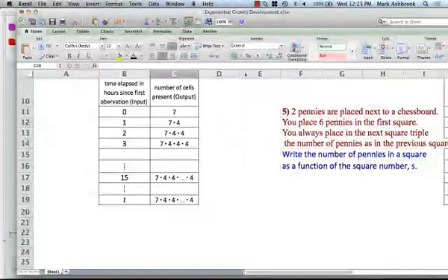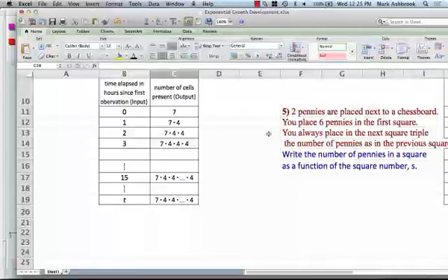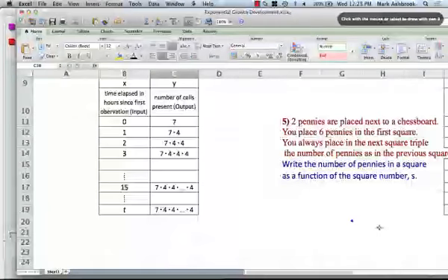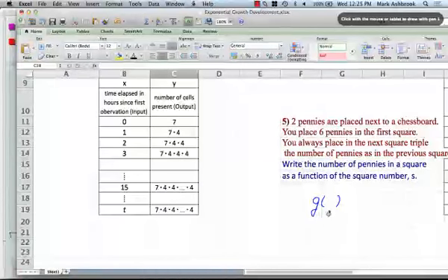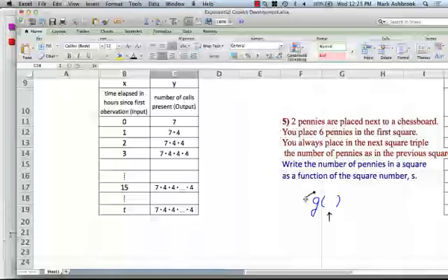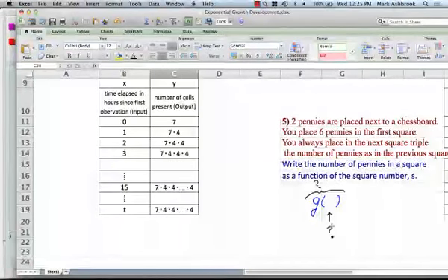Okay, so what about this one? Number 5. 2 pennies are placed next to a chessboard. You place 6 pennies in the first square. You always place in the next square triple the number of pennies in the previous square. The number of pennies in the square, we'll make it the function g. So the first thing you want to determine is what's the input and what's the output of our function g according to the way this is set up.